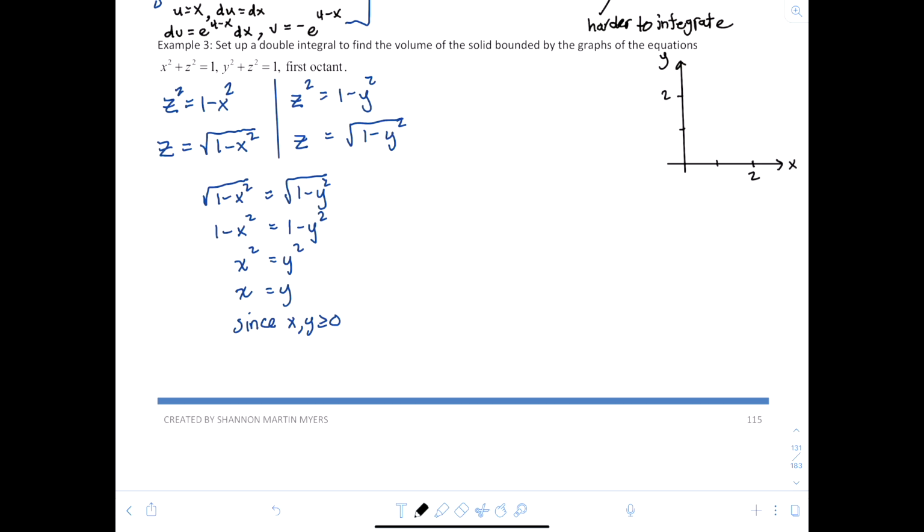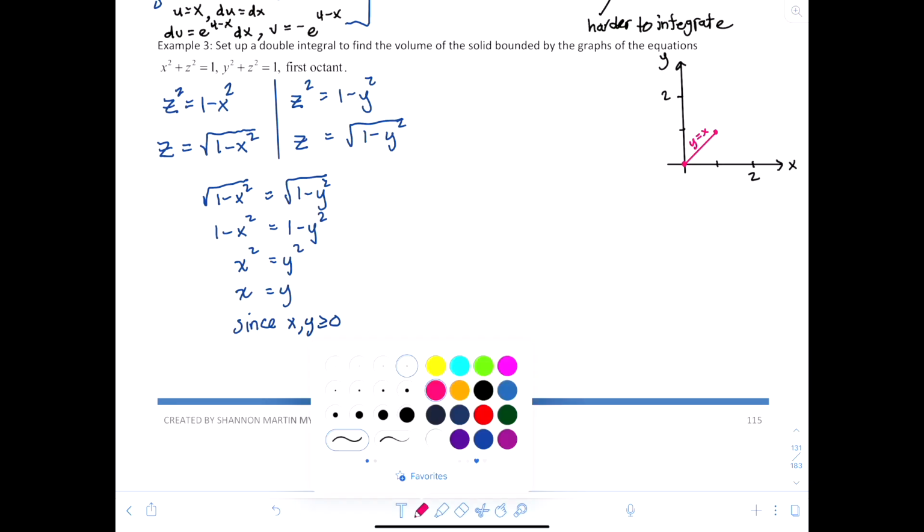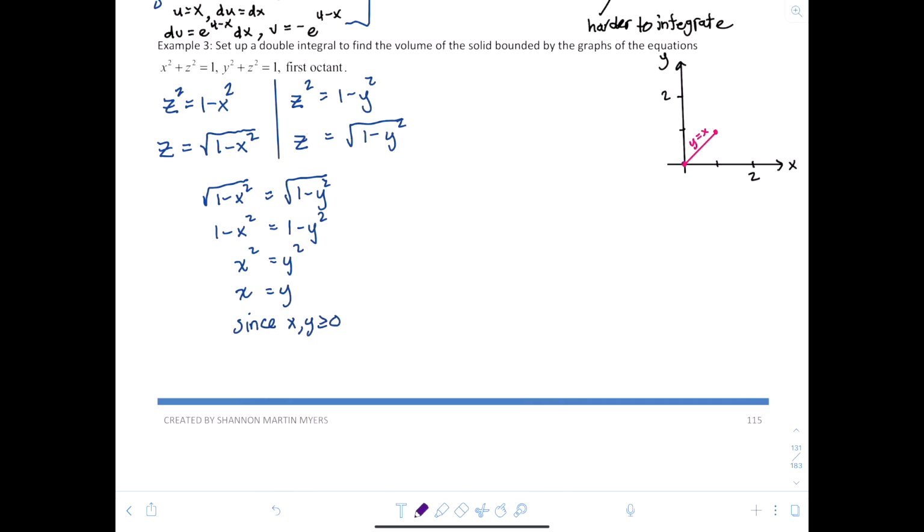So here we go. Point at 0, 0 and 1, 1 for the graph of y equals x. And then there's going to be a bound here at y equals 0.